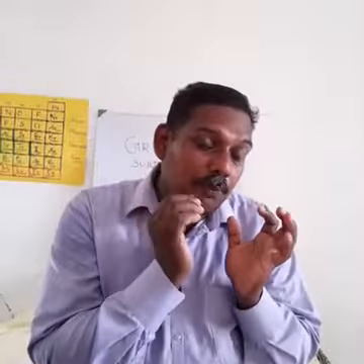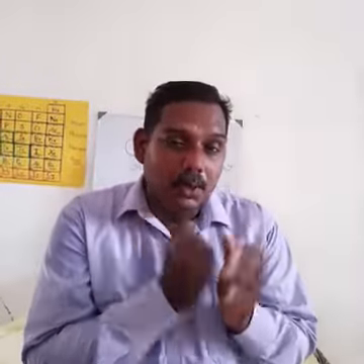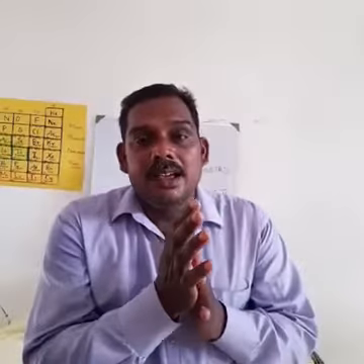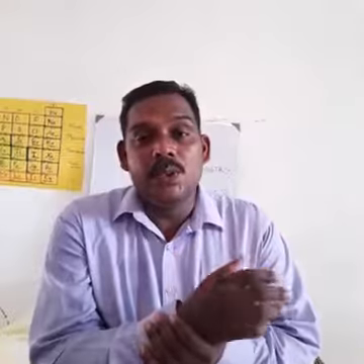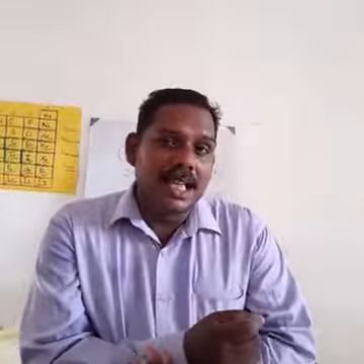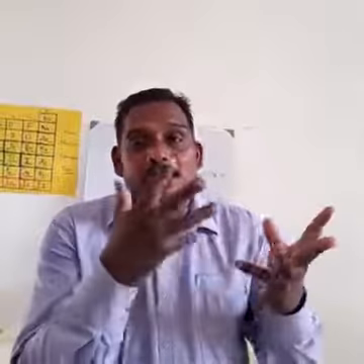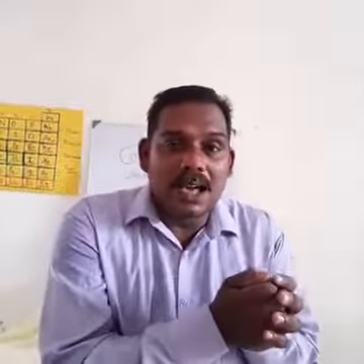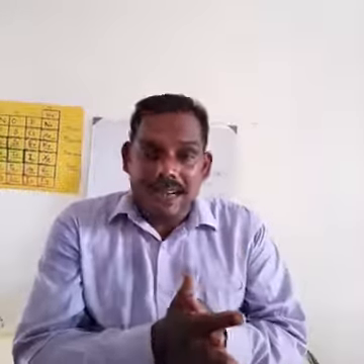There are IUPAC rules. Compounds have two names, a common name and an IUPAC name. As per the rule, how can we tell that name? Next, about aromatic and aliphatic compounds: which compounds are aromatic and which are aliphatic.